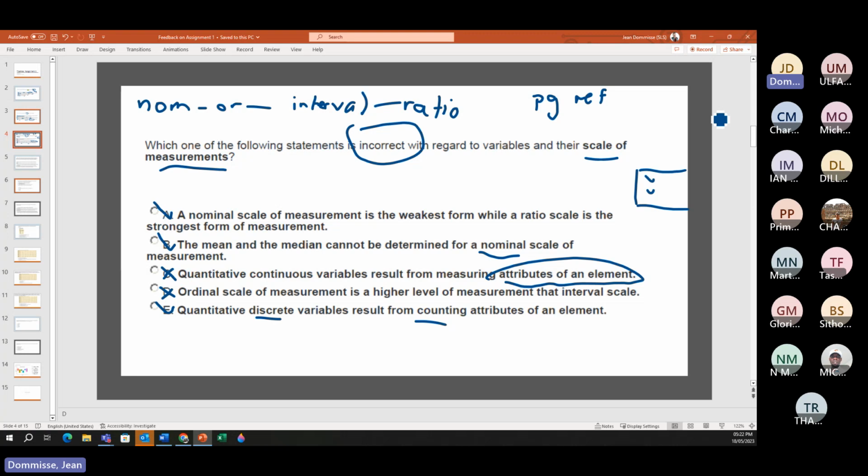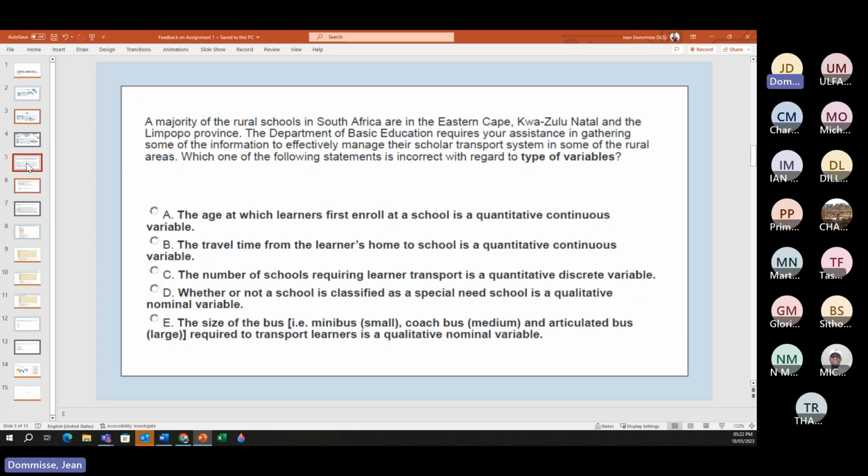But I will also get you the page reference in the book. It's not in the study guide. It is in the textbook, but again, I'll take a picture of that for you and send it on. Okay, so that was questions on quantitative, qualitative.